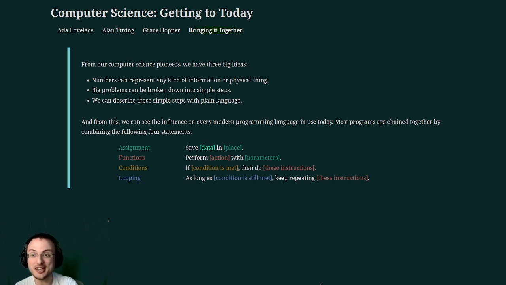It's just a chain of these things, one after the next, combined, mixed together, run in sequence to solve your problem. And those 4 statements are assignment statements, function statements, conditions, and loops. And if you have those 4 tools, you know programming.